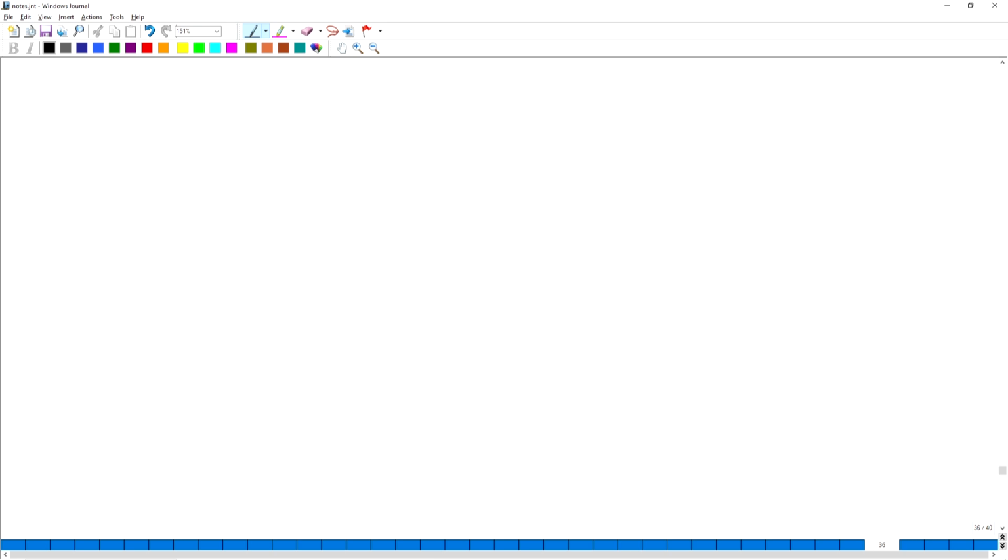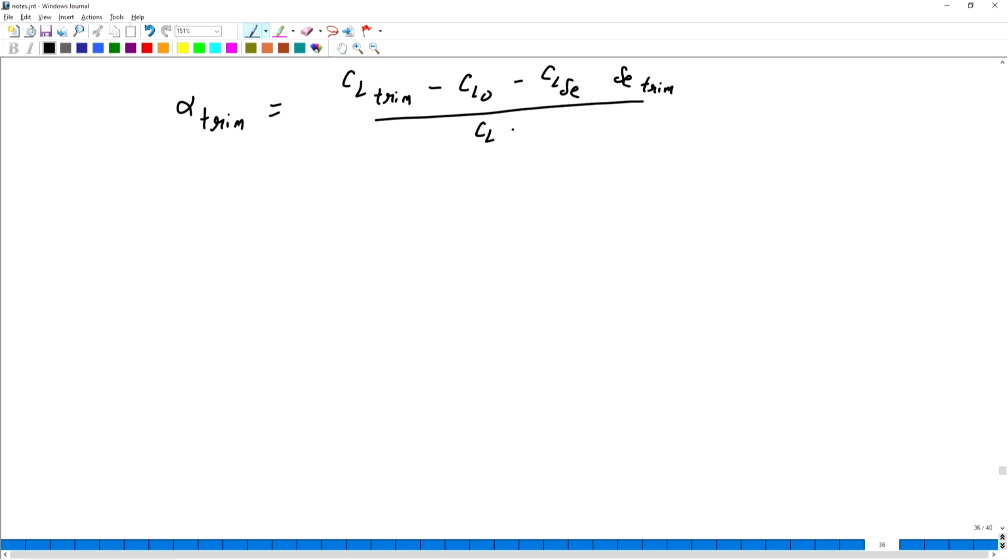After that, we know CL trim is known. So we can write alpha trim equals CL trim minus CL naught minus CL delta E into delta E trim divided by CL alpha. So let me take this equation as equation number 21.